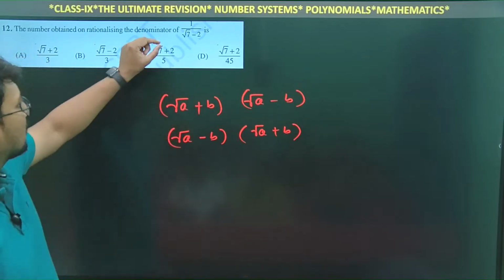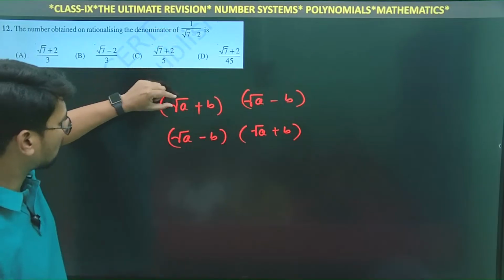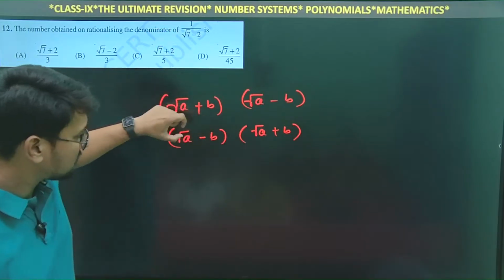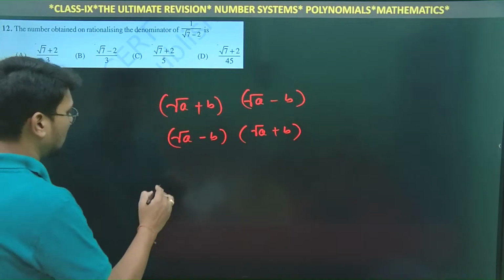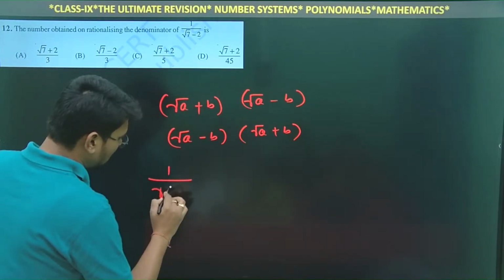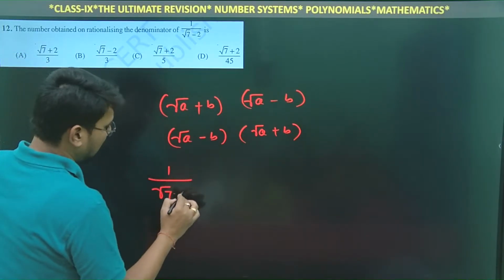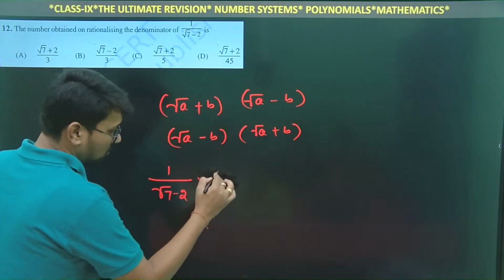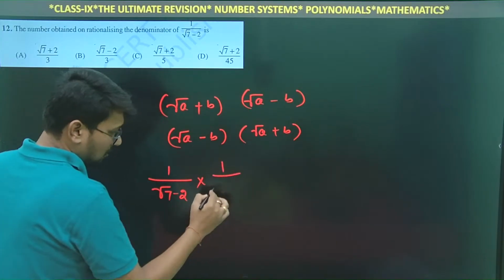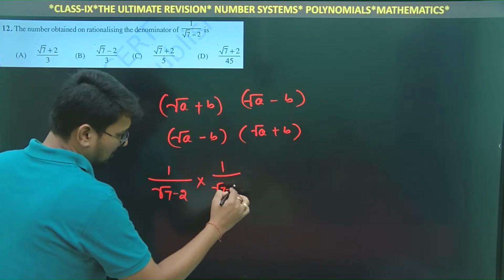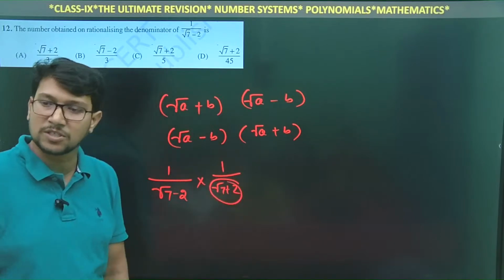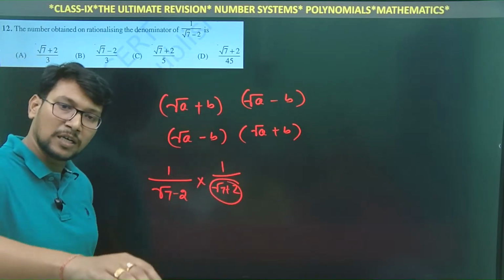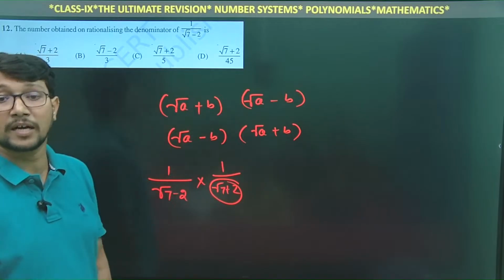So here in the denominator, which one is there, root a plus b or root a minus b? Root a minus b is there. So what should we do? 1 by root 7 minus 2 into root 7 plus 2. But multiplying only root 7 plus 2 will change the value, so we have to multiply the same in the numerator.